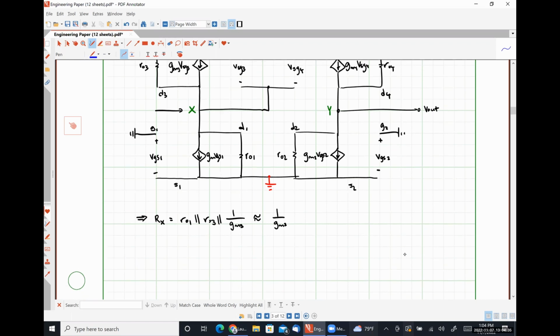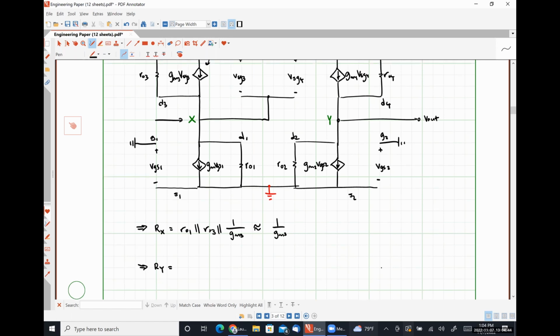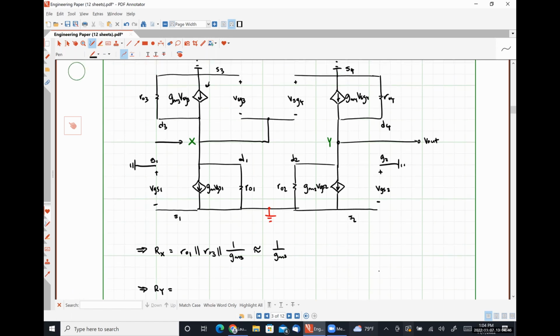All right, now let's look at RY. So what resistance do we see between node Y and ground? There is no linear relationship between VSG4 and the current that's flowing through that GM4 VSG4 current source, so that doesn't look like a resistance.